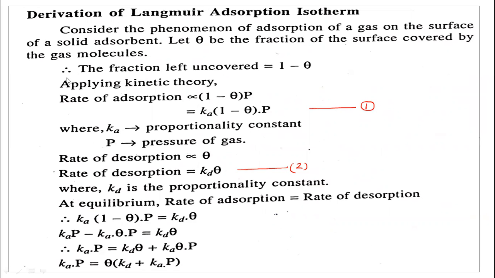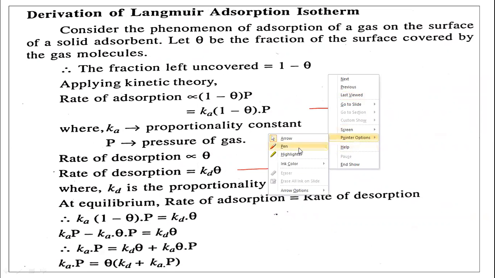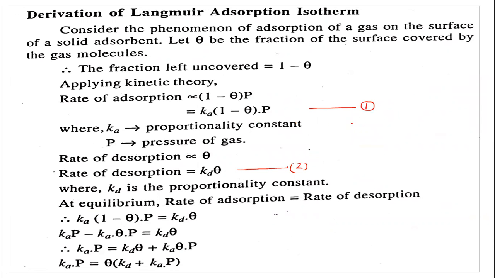Consider the phenomenon of adsorption of gas on the surface of the solid adsorbent. It is clear that the gaseous molecules get adsorbed onto the solid surface. Let theta be the fraction of the surface covered by the gas molecule. Suppose this is the surface of the adsorbent available for the adsorption process, and some part of this area is covered by the gas molecule.